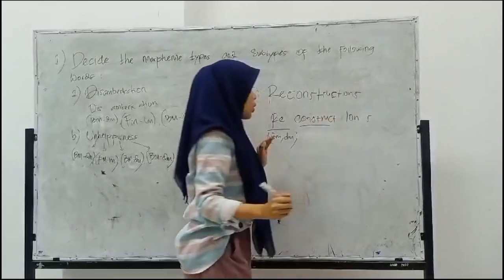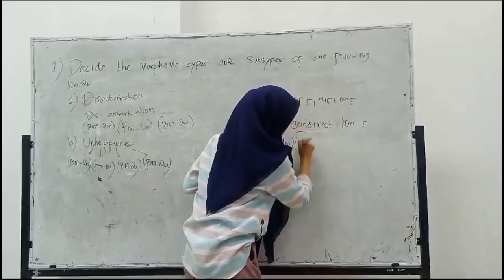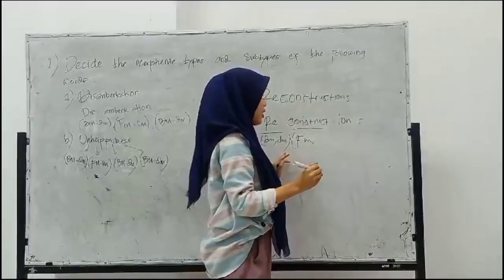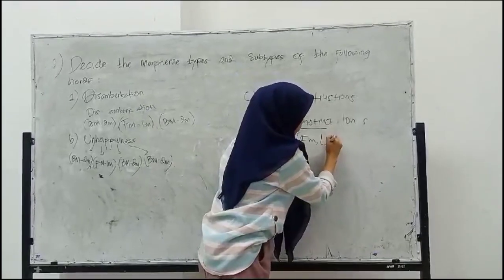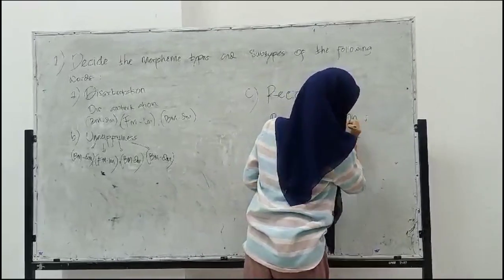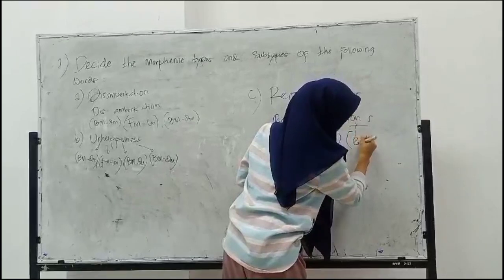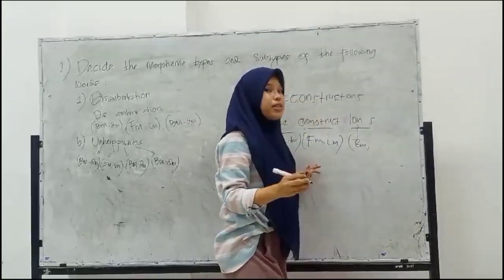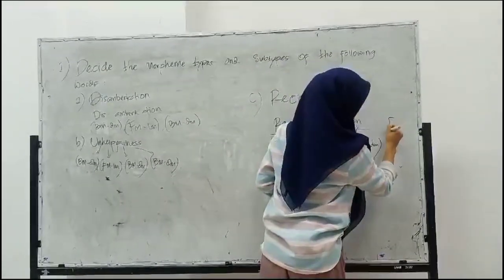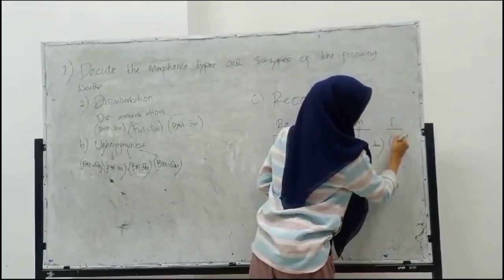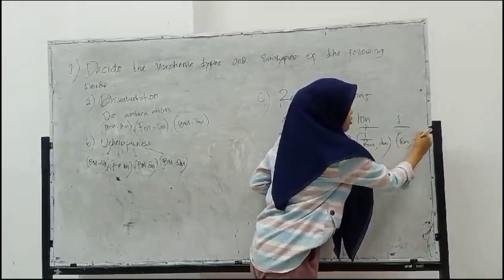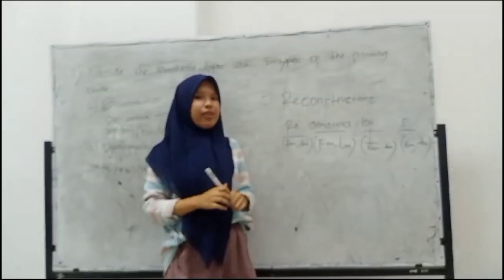And the next, construct, is a free morpheme and the subtype is lexical morpheme. Next, ion. Ion is a bound morpheme, subtype derivational morpheme. And the last, s. S is a bound morpheme and the subtype is derivational morpheme. Okay, thank you.